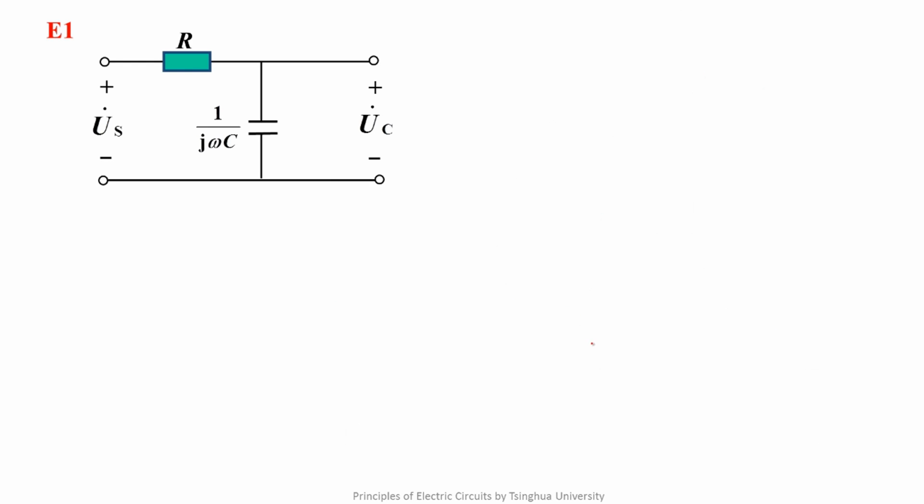Next, we give two examples. The analysis of its frequency characteristics has been taught in Lecture 69, that is to say, if we define UC as the output and US as the input, the transfer function of the circuit is like this.